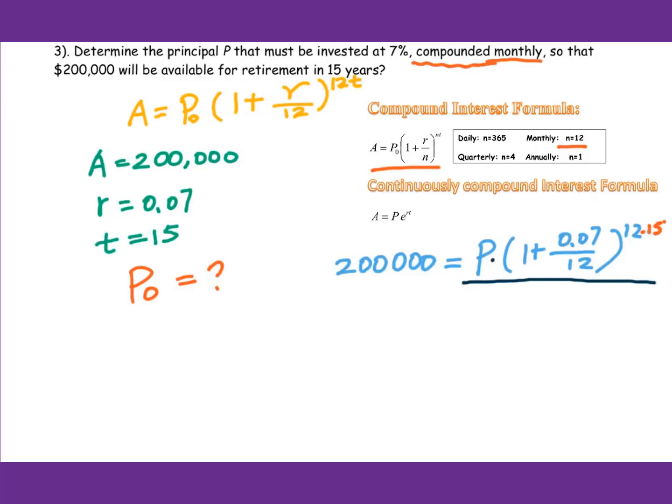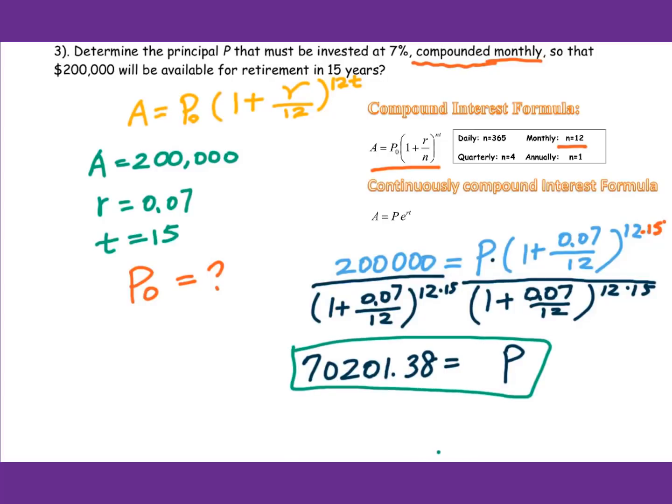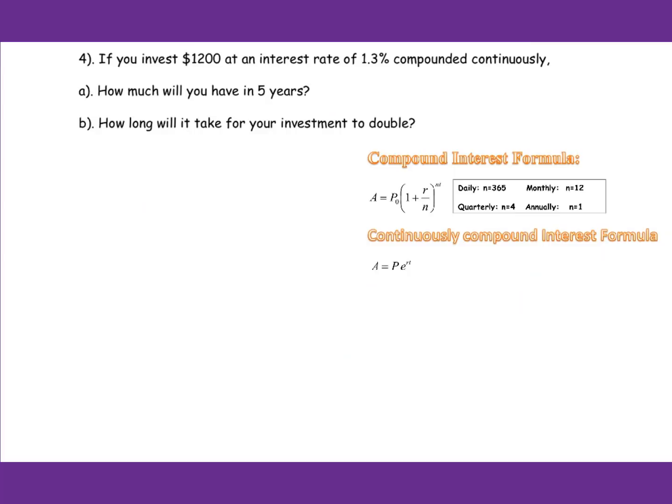Therefore, we just divide by this coefficient, 1 plus 0.07 over 12 to the 12 times 15, on both sides. Then we got this P. We put it into the calculator, and we will get P equals $70,201.38.